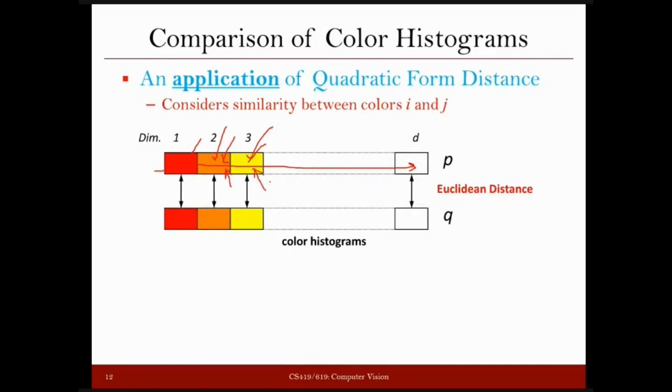Now you see this histogram, you find that two neighboring bins have quite similar properties. Like here, it is yellow, and this is a little dark yellow. If you compare this color and this color, they are also quite similar. But if you keep changing the color here and try to compare this color with this color, you will find that they are very different.